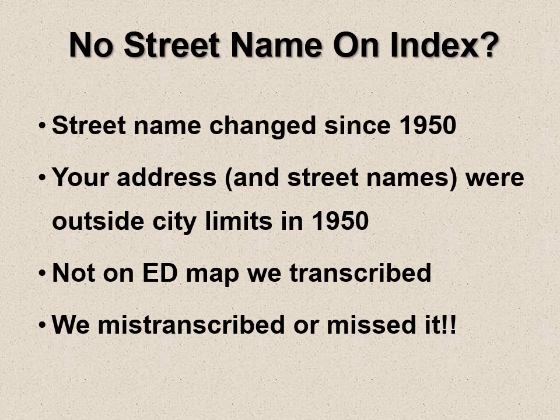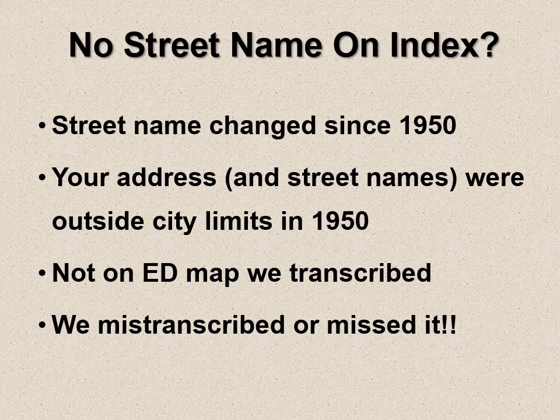Well, the street name may have been changed since 1950, and you're going by the new name, and in 1950 it was a different name. And the second one is pretty common: that the address and the street names were actually outside the city limits in 1950. So you assume the person had always been in the city. No, they weren't in the city. They were in the outskirts in 1950.